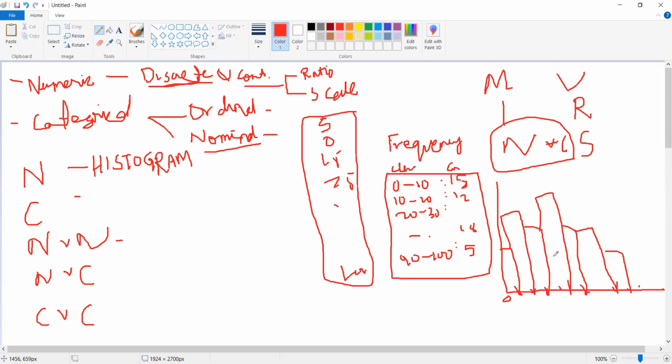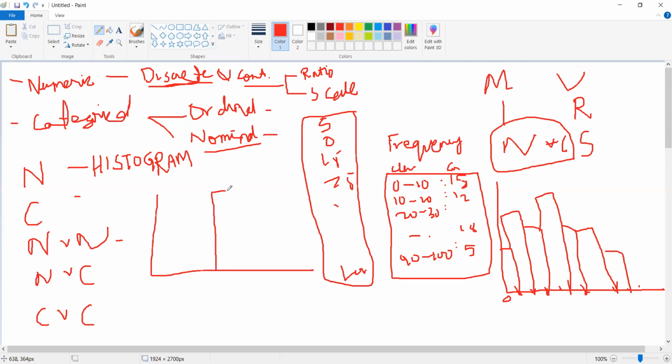So we use this histogram, which is a bar graph of a frequency table, to analyze how your performance has been.